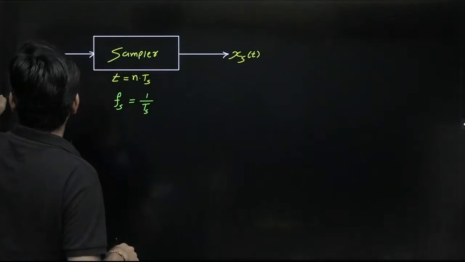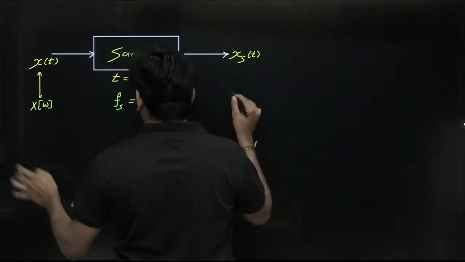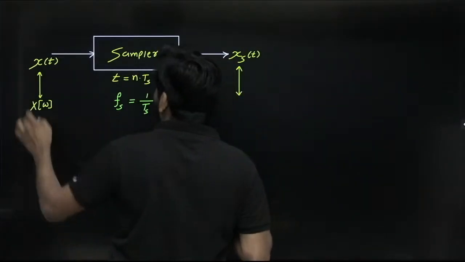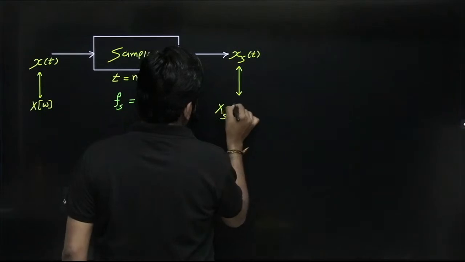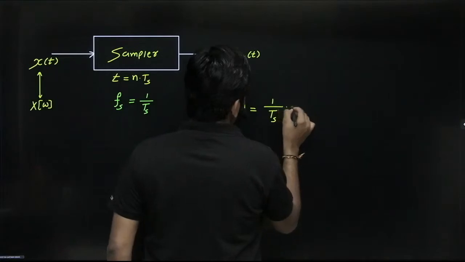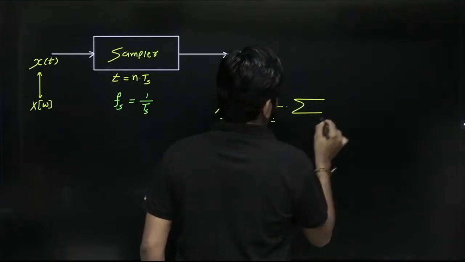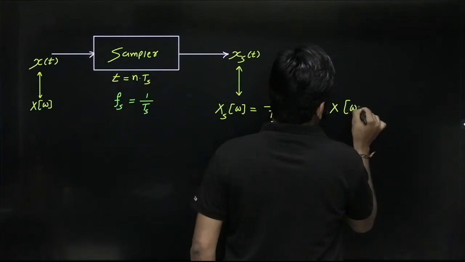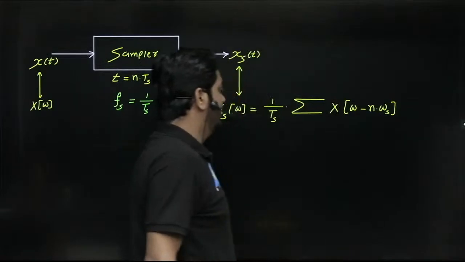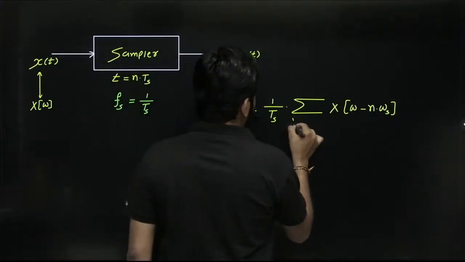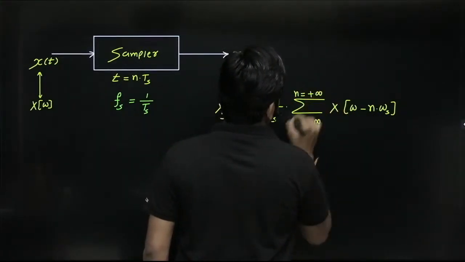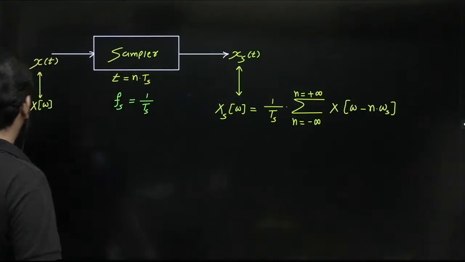Then the Fourier transform of the sampled signal is Xs of omega, equal to 1 upon Ts times the summation of X of omega minus n omega s, where n is from minus infinity to plus infinity.